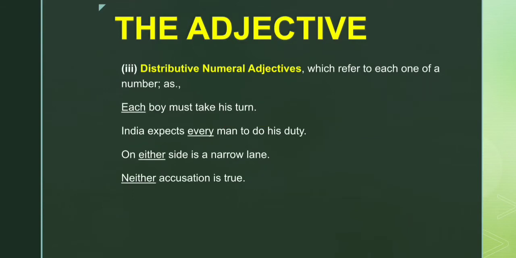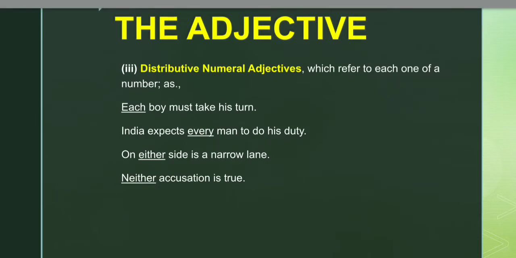Thirdly, we have distributive numeral adjectives, which refer to each one of a number. Each one of a number. How? Look at the examples. Each boy must take his turn. India expects every man to do his duty, and on either side is a narrow lane, and the last we have neither accusation is true.